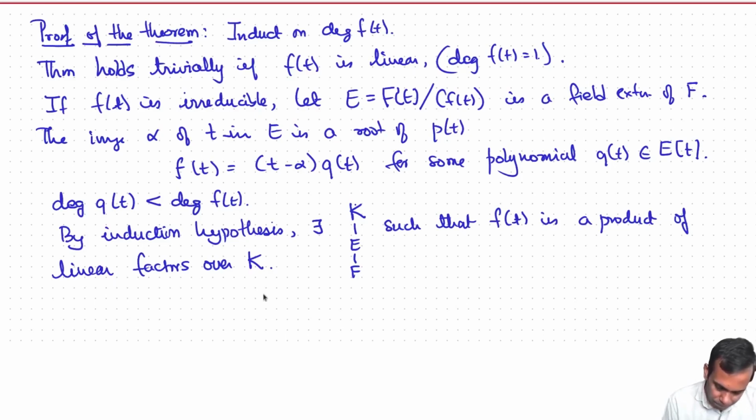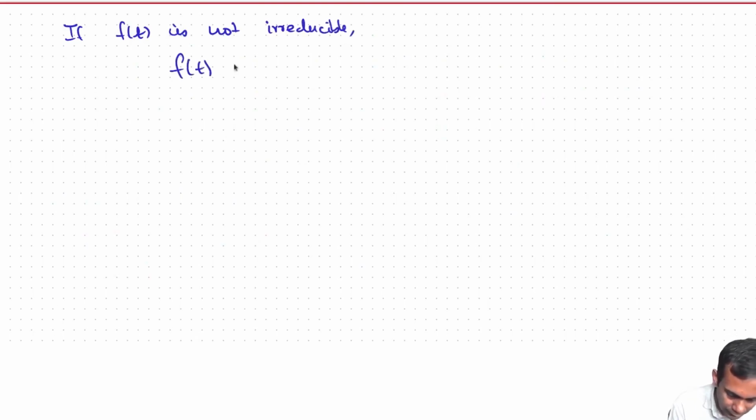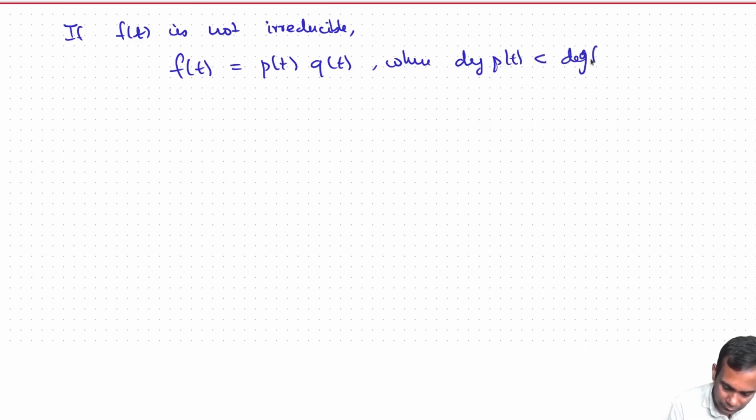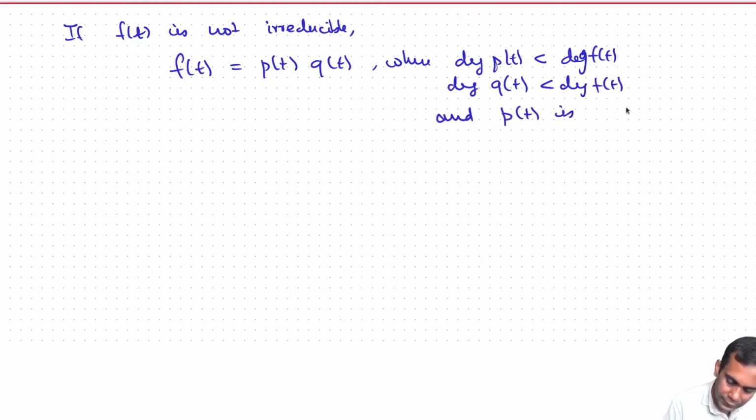Now suppose f(t) is not irreducible. Then you can write f(t) as p(t) times q(t), where the degree of p(t) is less than the degree of f(t) and the degree of q(t) is less than the degree of f(t), and p(t) is irreducible. Just take an irreducible factor of f(t).